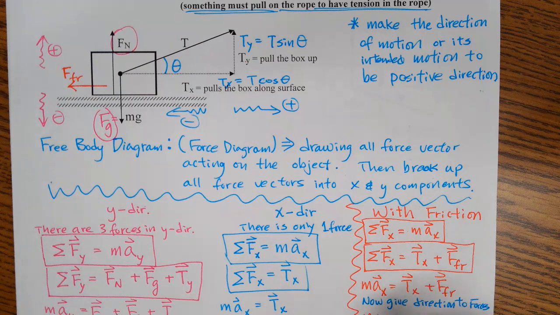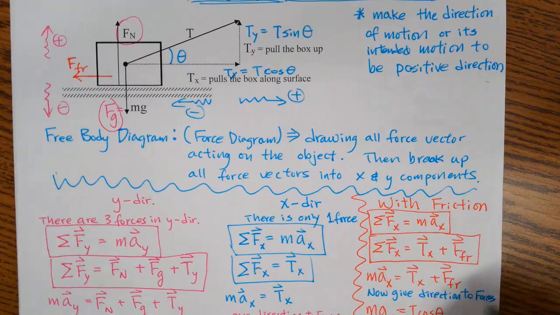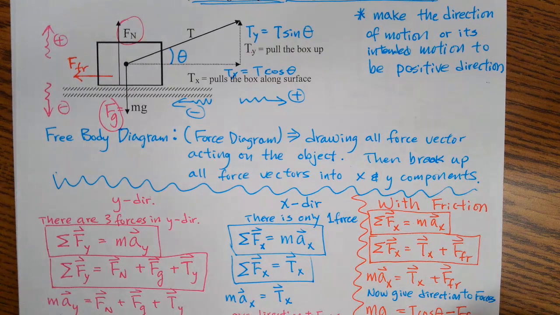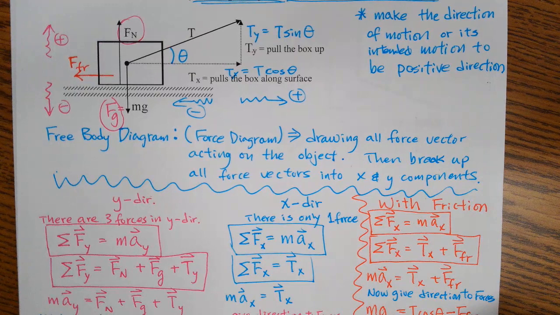Here, Tx is T cosine theta, right? Minus friction, right? Minus friction. So my max is equal to T cosine theta minus mu times F normal.